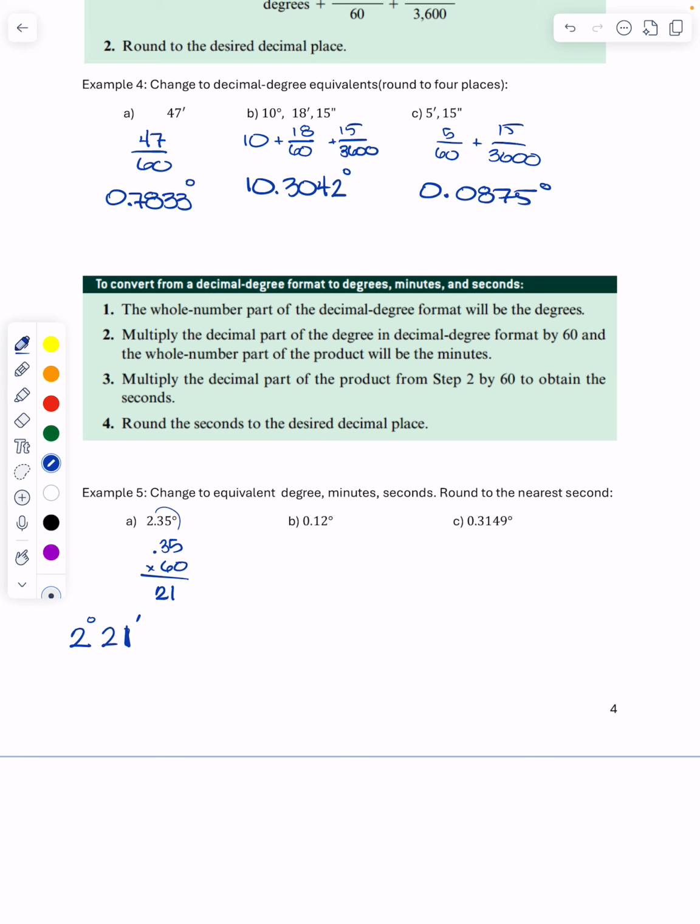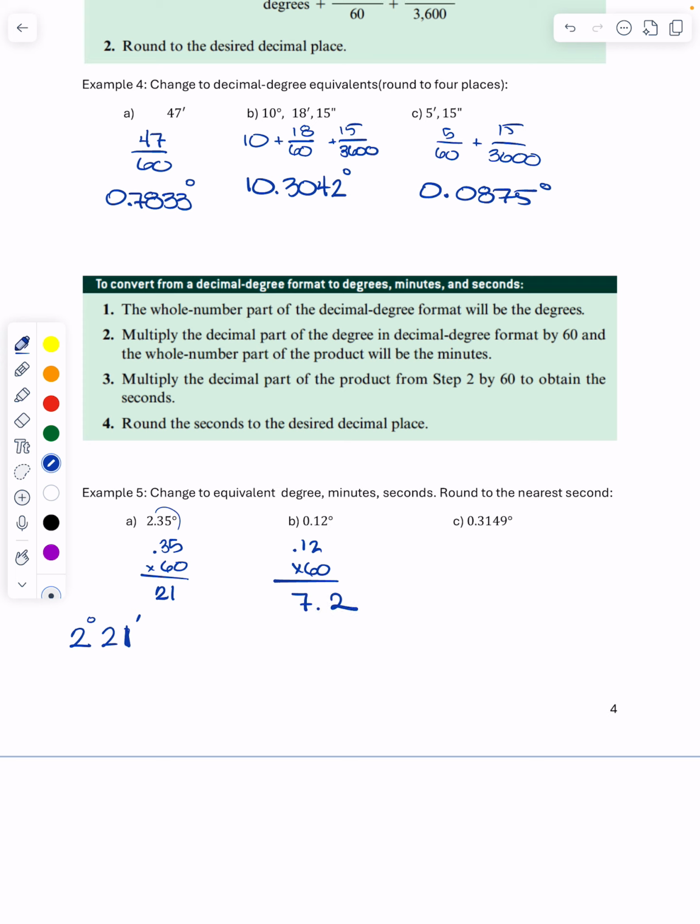And going back and forth takes a little bit. Okay. So B, I have no degrees. I do have this 0.12, which I'm going to multiply by 60. It's going to give me 7.2.